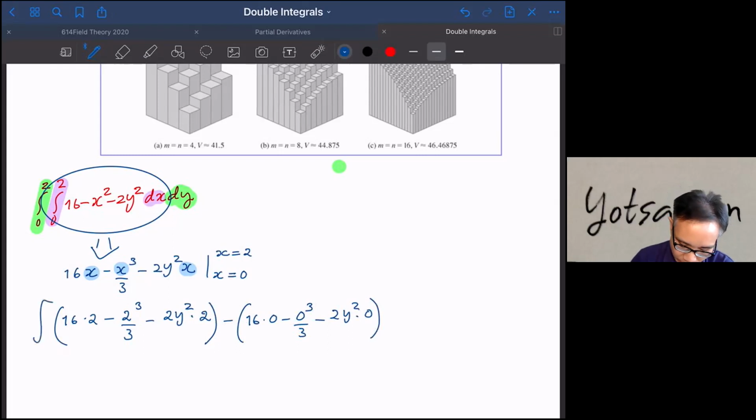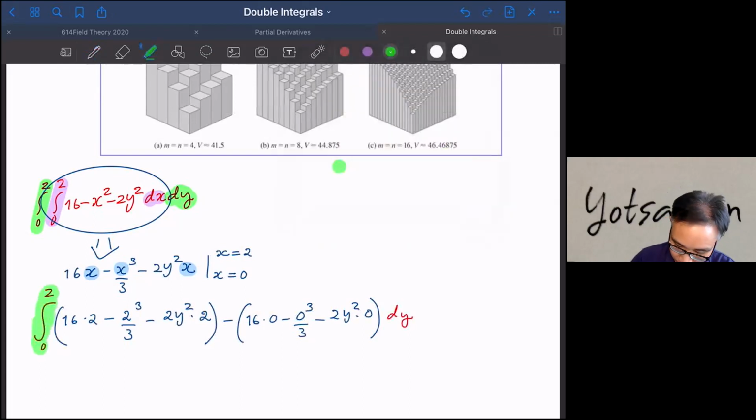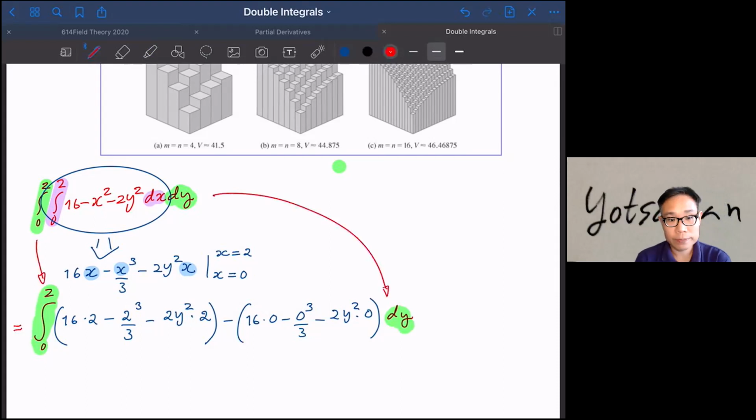Then you integrate from 0 to 2, which is the outside integral dy. Copy down the outside one. Look like this, and you know that the x equal to 0 part is already 0, so it disappears.